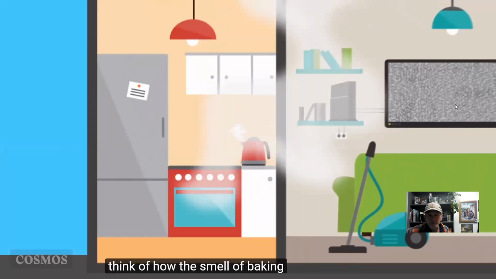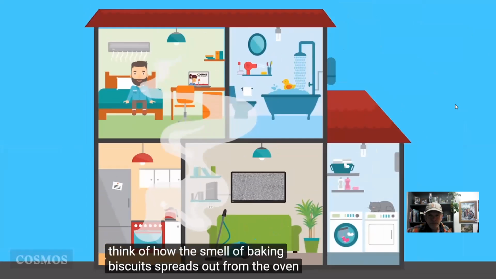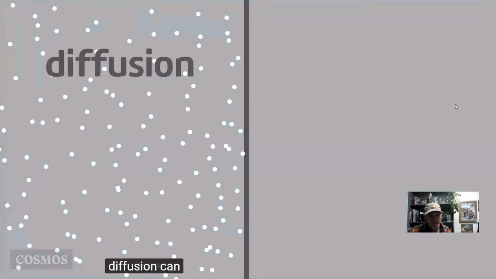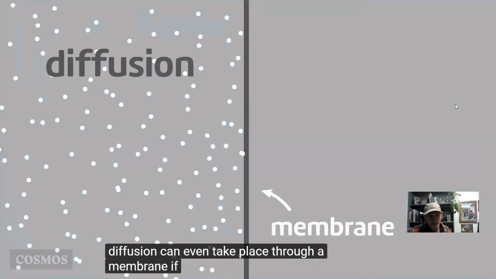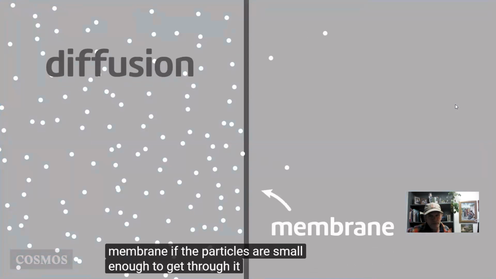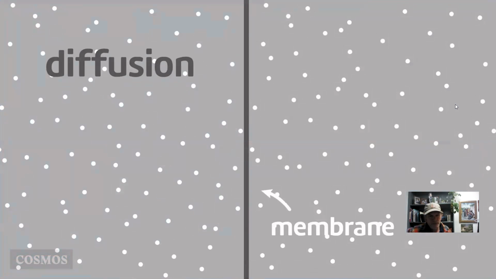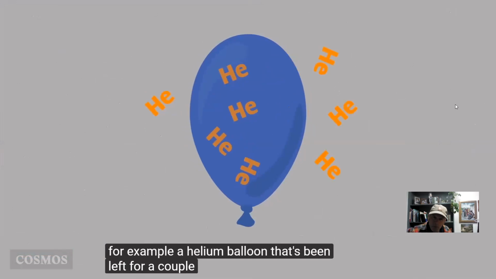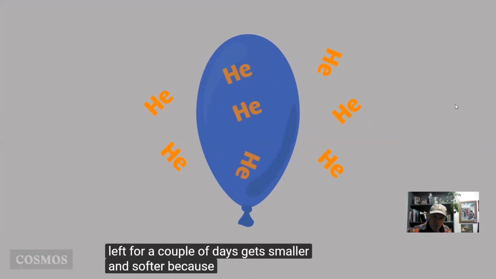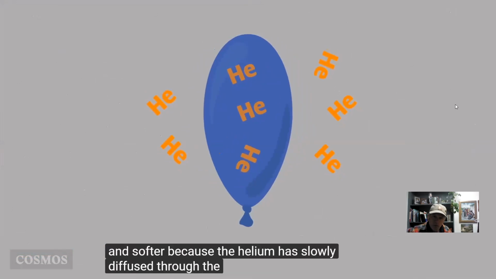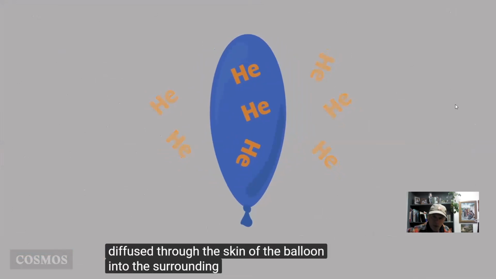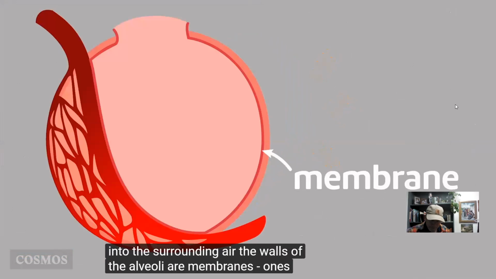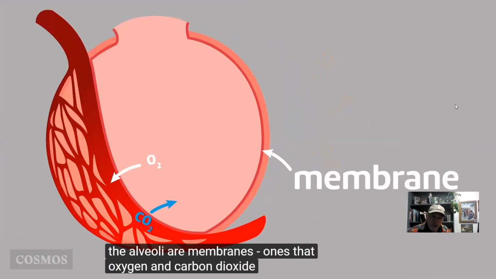Think of how the smell of baking biscuits spreads out from the oven right through the house. Diffusion can even take place through a membrane if the particles are small enough to get through it. For example, a helium balloon that's been left for a couple of days gets smaller and softer because the helium has slowly diffused through the skin of the balloon into the surrounding air. The walls of the alveoli are membranes too, ones that oxygen and carbon dioxide can diffuse through.